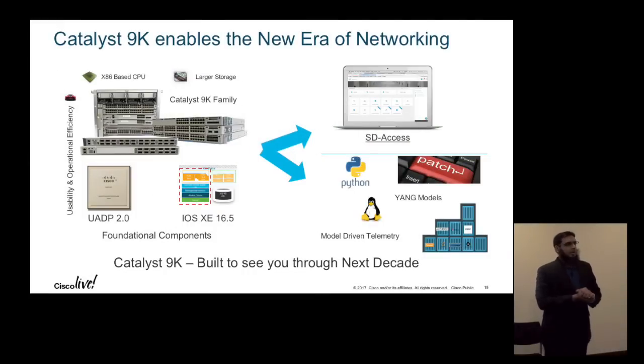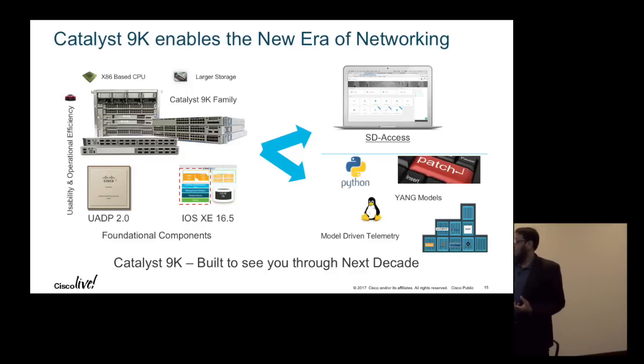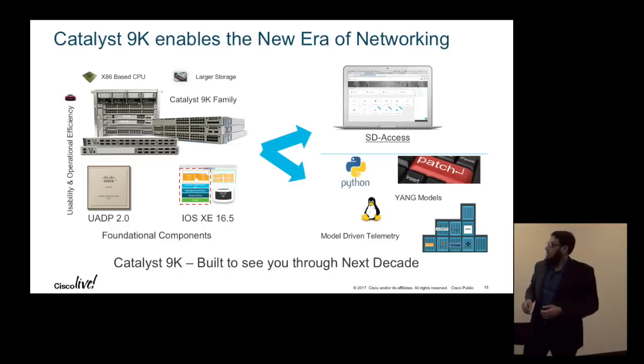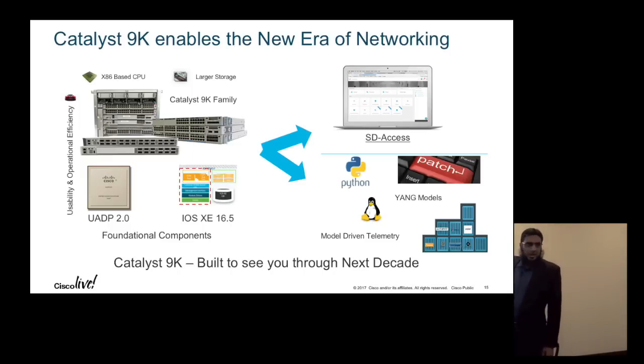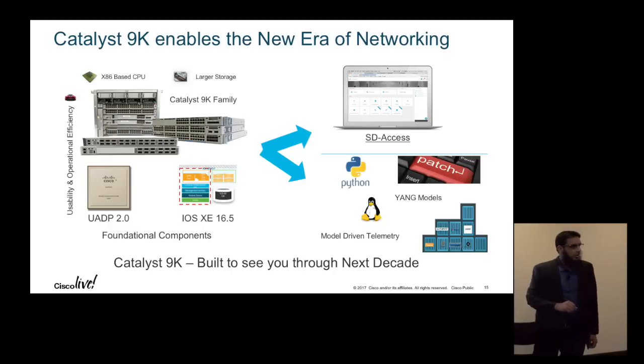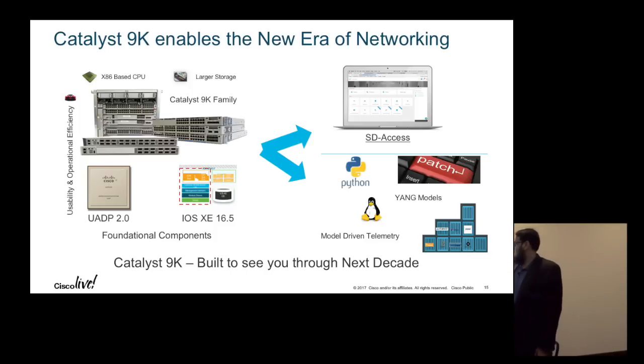Okay, thank you. All right, so let me go ahead and summarize in the interest of time. With the Catalyst 9K, with the foundational elements that we have with UADP 2.0 and the IOS XE database, and some of the other attributes we have talked about, you are getting a completely new kind of network. It's kind of reinventing the network from a different angle. And you have multiple options.